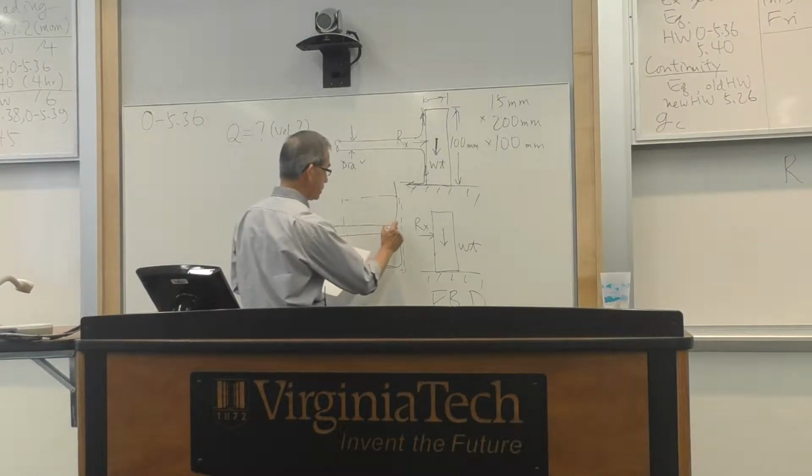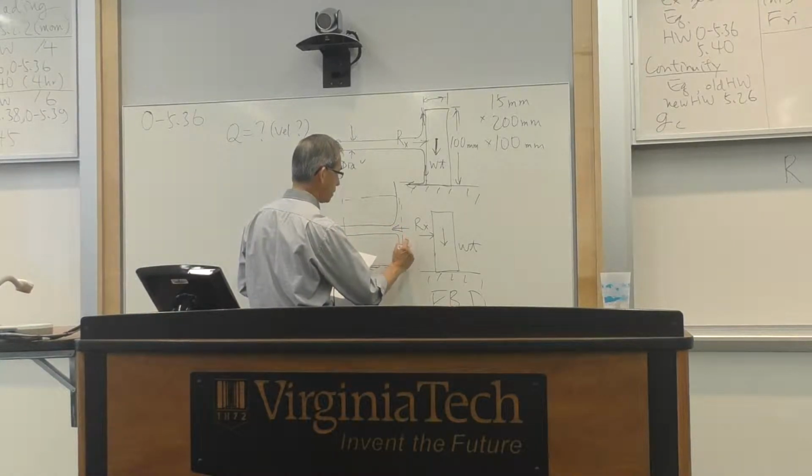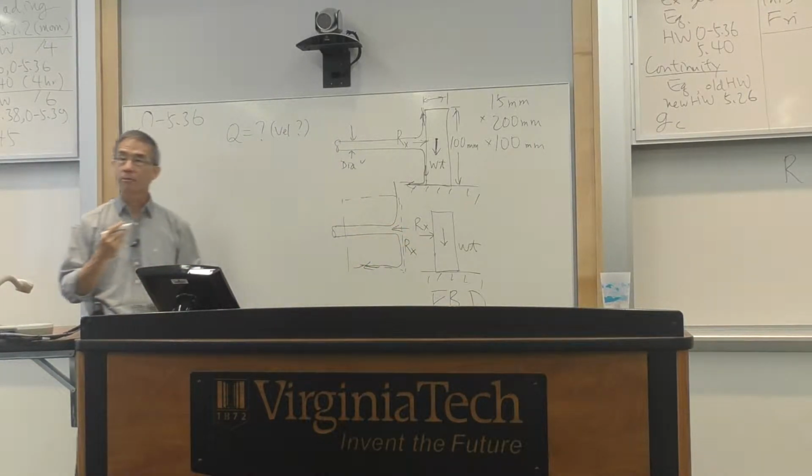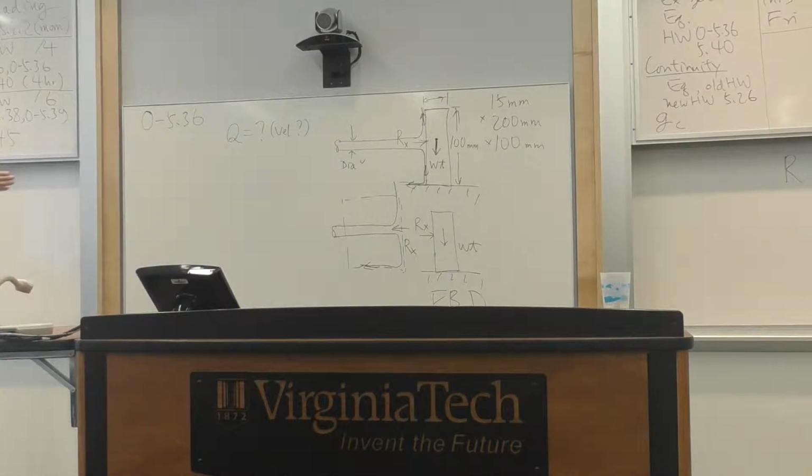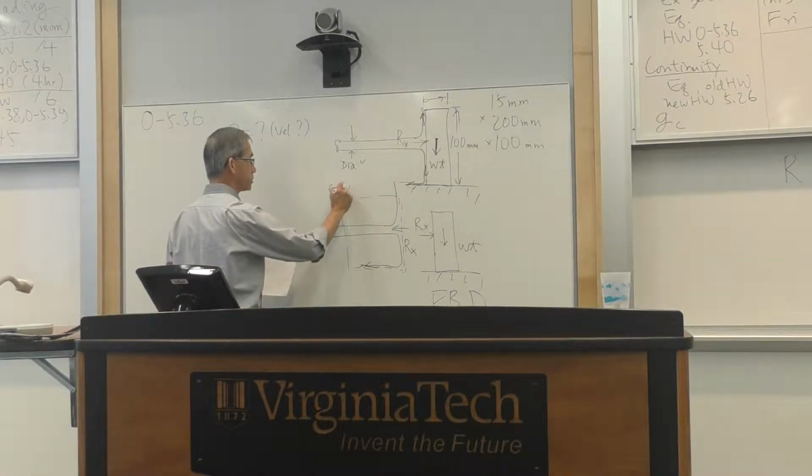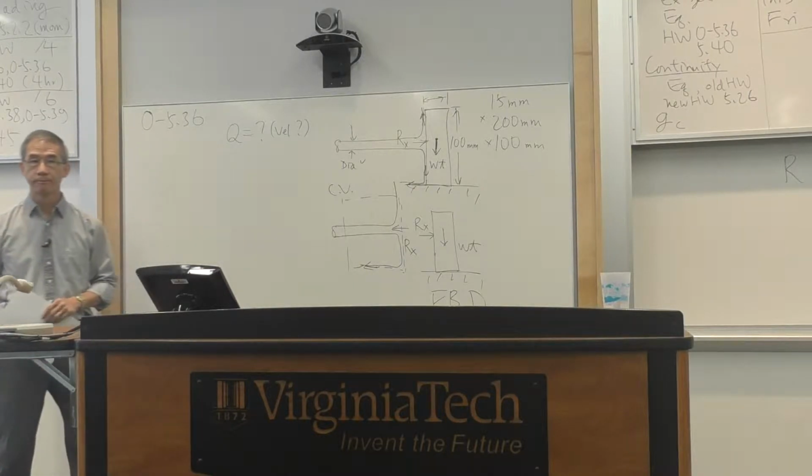And I have an equal and opposite force of R at X in the opposite direction, because they have to, based on what I discussed over on the right, that reaction force Rx is what changed the momentum of the jet. And that's the control volume you will use to solve this problem.